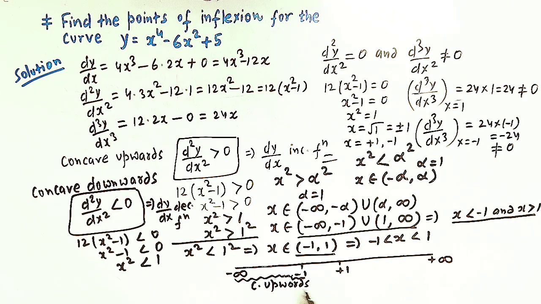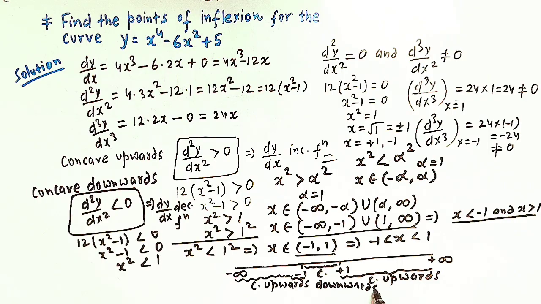And here we have the interval 1 to infinity. So here also the function is concave upwards, right? And in this interval minus 1 to 1, the function is concave downwards, right?